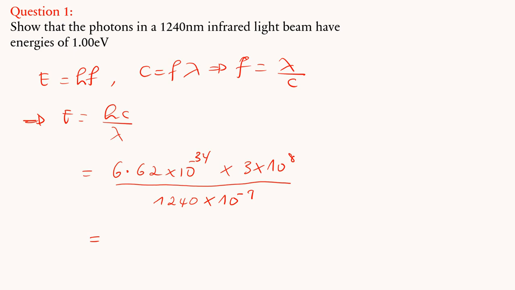So this gives 1.6 times 10 to the negative 19 joules.